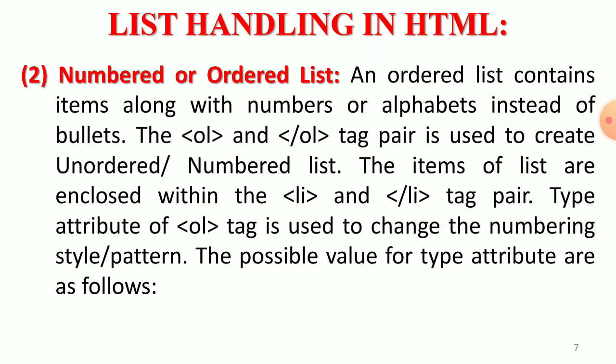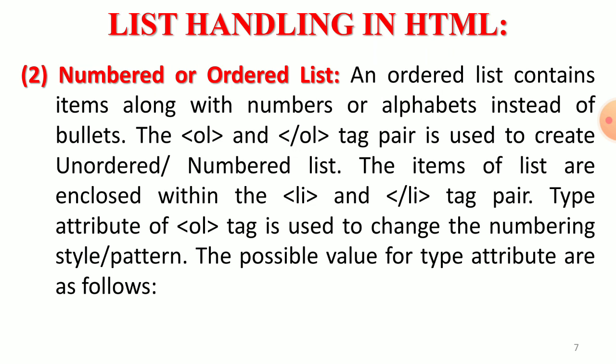The items of the list are enclosed within the li and /li pair tag. The type attribute of the OL tag is used to change the numbering style and patterns. The possible values for the type attribute are as follows.